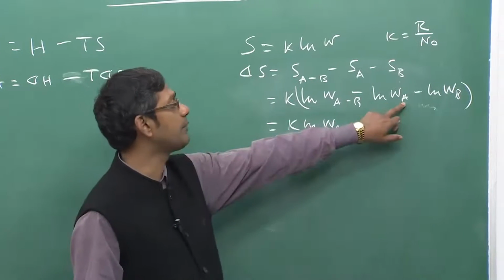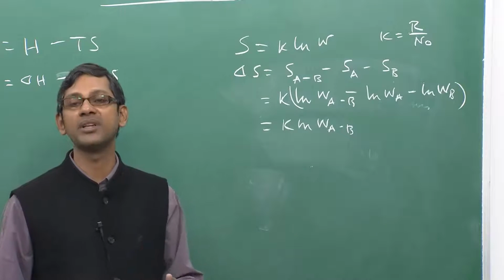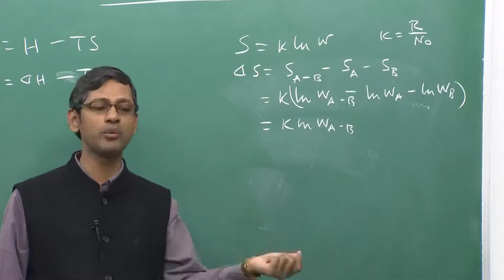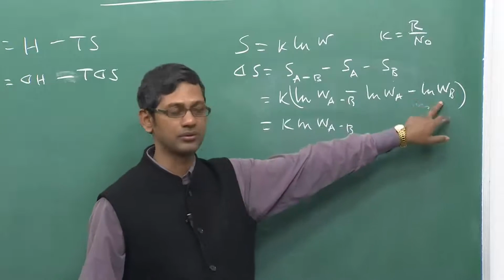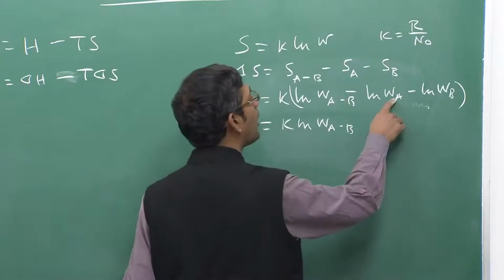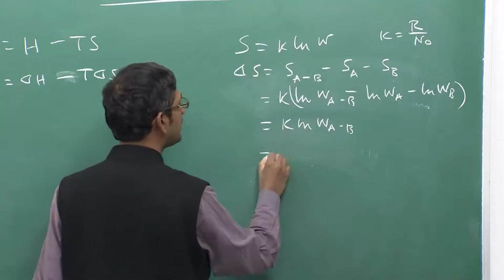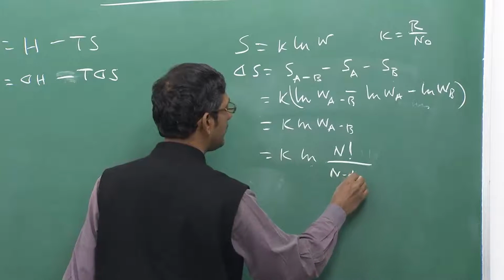If I have only A type atoms, arranging them in N sites, there is only one possibility. You can only put A type atoms, there is no option. Similarly for B also. So the log of 1 is 0, and these get cancelled.